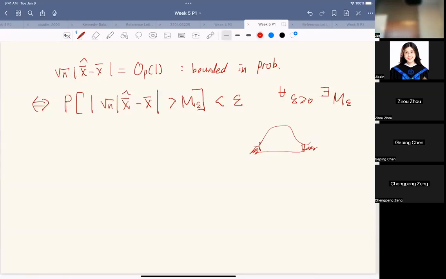So if you have a much smaller epsilon, then you can make it wider, bigger and bigger, something like that. To prove this, you can use the Chebyshev inequality.